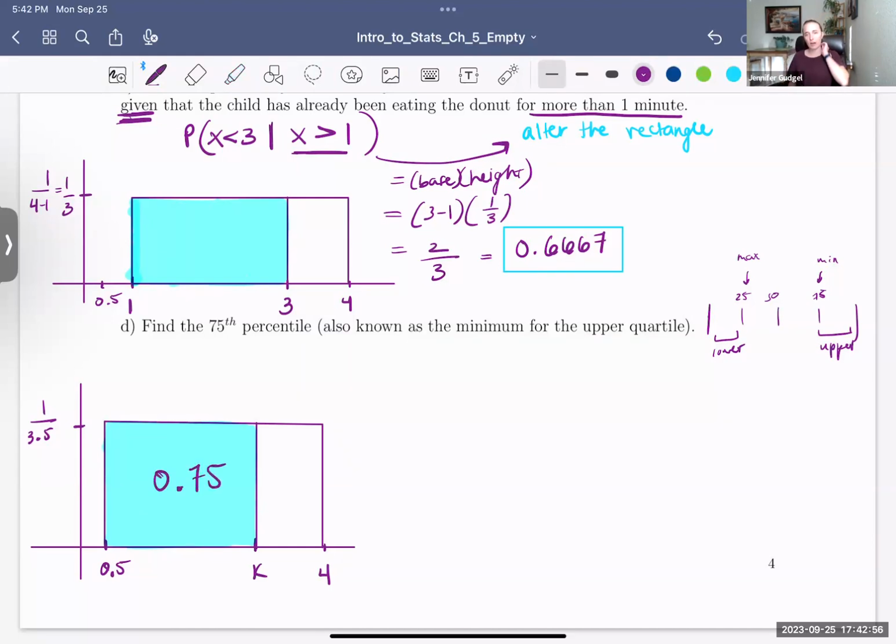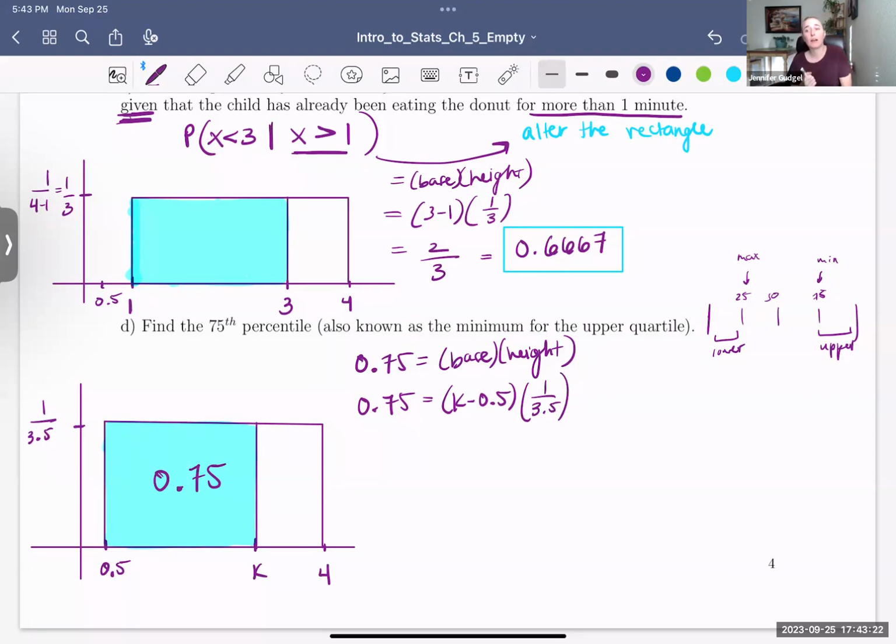That's the area of that rectangle there. So 0.75 is equal to the base times the height. Or 0.75 is equal to k minus 0.5 times 1 over 3.5.